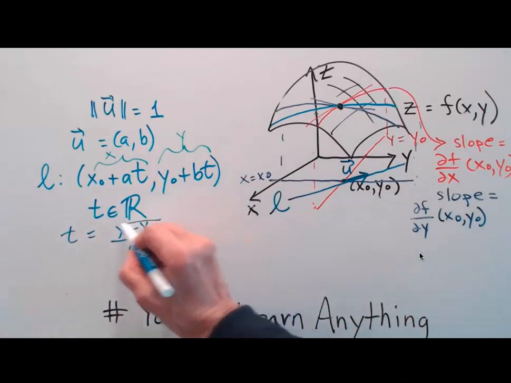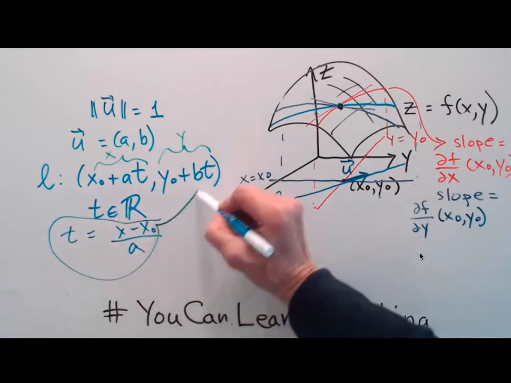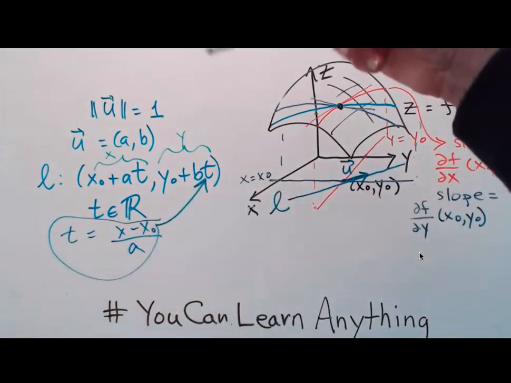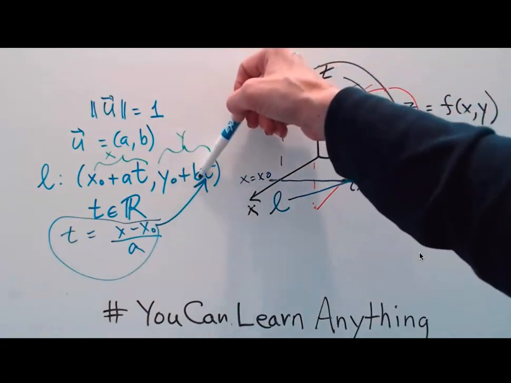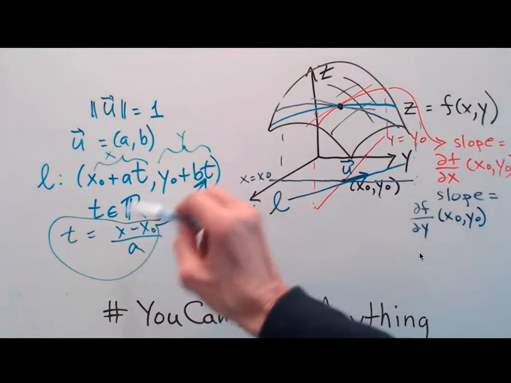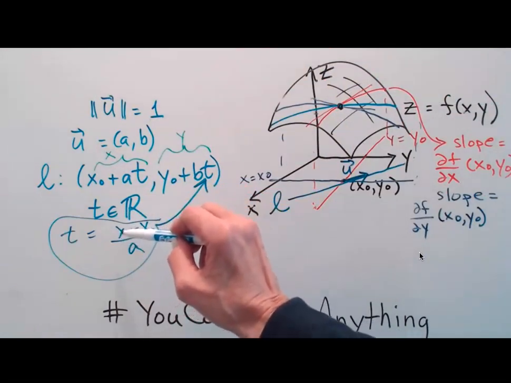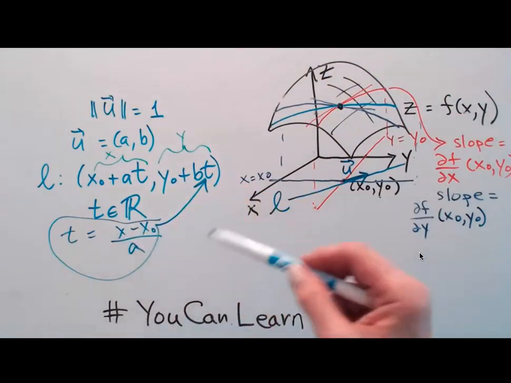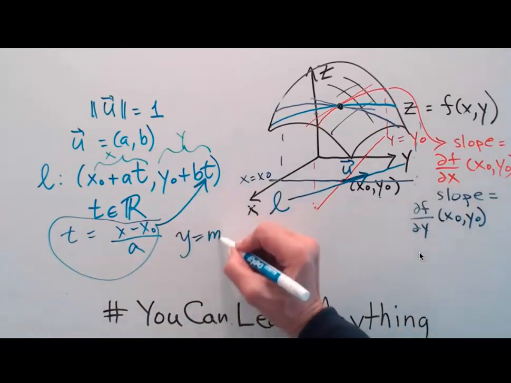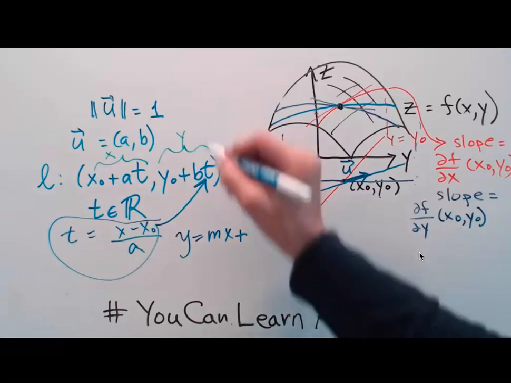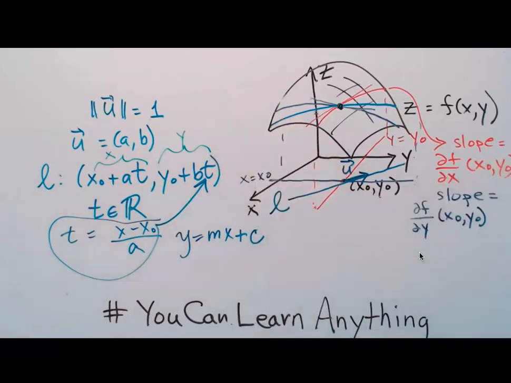And then we could take that value of t, plug it in here, and just glance at what we get. We get y is equal to y naught plus b times this. Well, there's an x in there. And if you rearrange things a little bit, you will see, indeed, that we get an equation of the form y equals mx plus, well, I can't use a b because I've already done that, but plus c. So this indeed is a line through the point x naught, y naught in the direction of u.